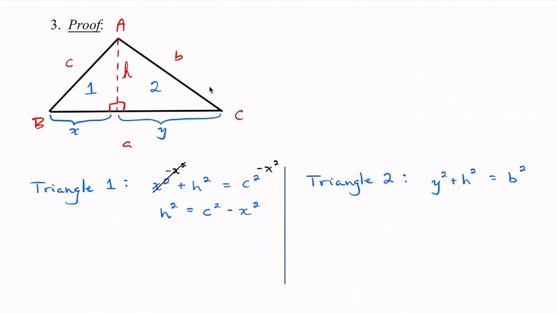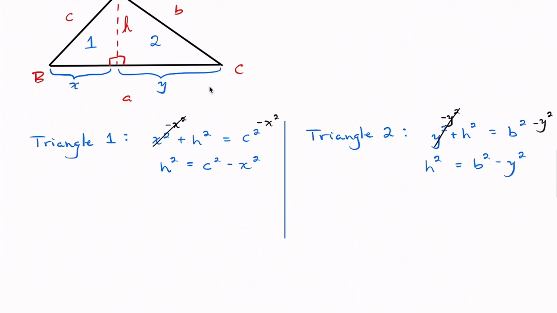And again, I'm going to try to get the h by itself, so subtract both sides by y squared. And those y squareds are going to cancel. So now I just have h squared equals b squared minus y squared. Now that I know what h squared is in both of these, I can take these two things and I can set them equal.